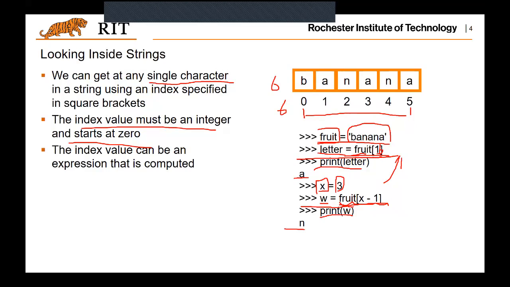So x is 3 means it's here, A. And x minus 1 means it goes to here, and that is n, and then you can print it out. But again, be careful of this kind of operation, because what if x is 0?